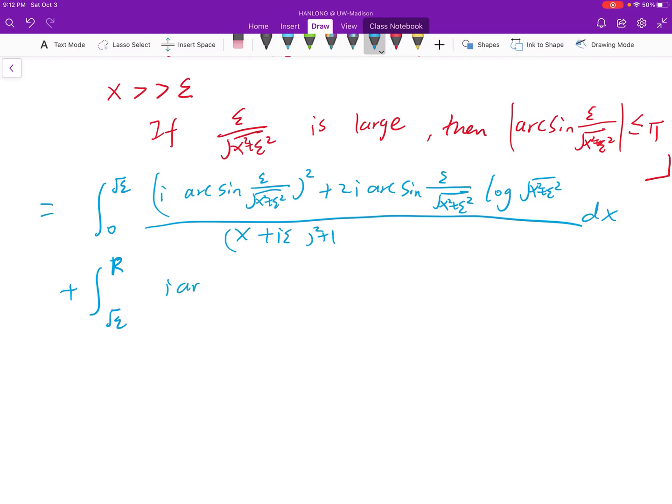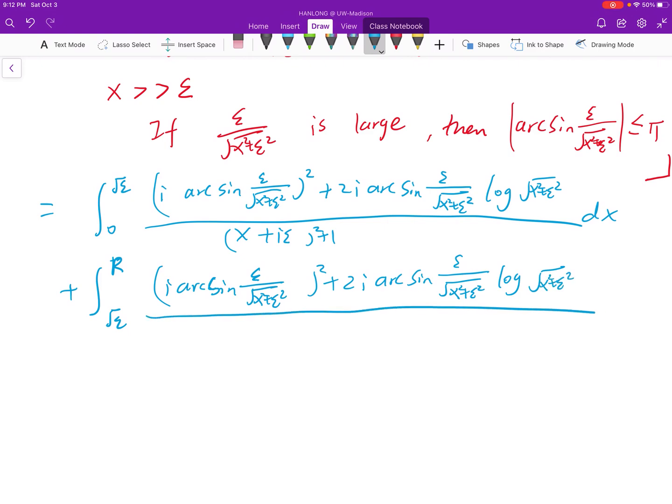And you copy it again for the second piece.